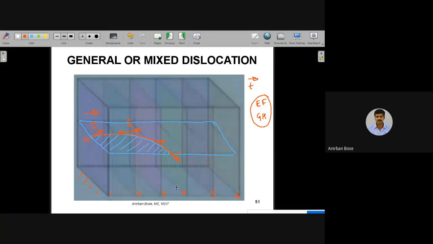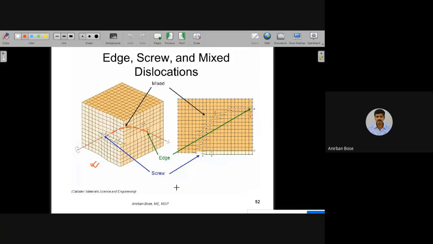So now you can understand that in case of a mixed dislocation, we can also find out the Burgers vector in exactly a similar method. What you are going to observe interestingly is that if we assume the direction is T in that direction, then you will find the Burgers vector will come exactly what we have got earlier.